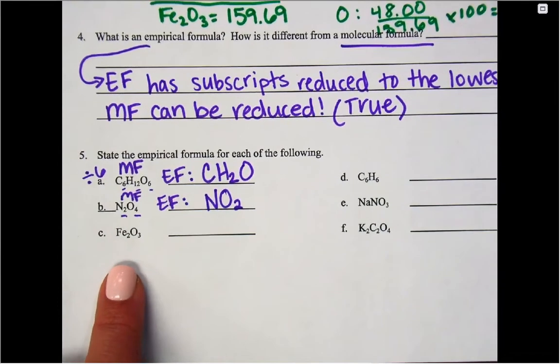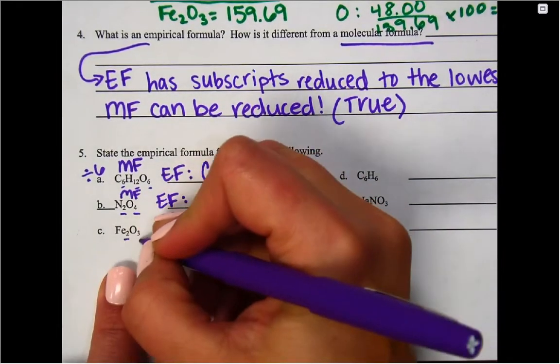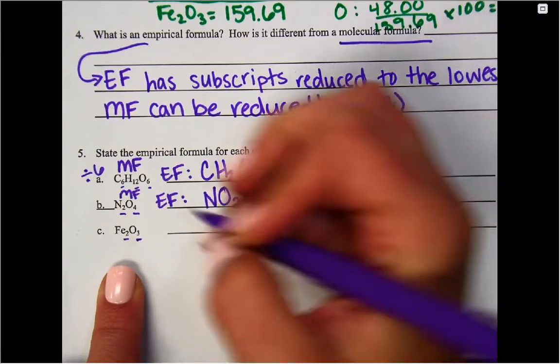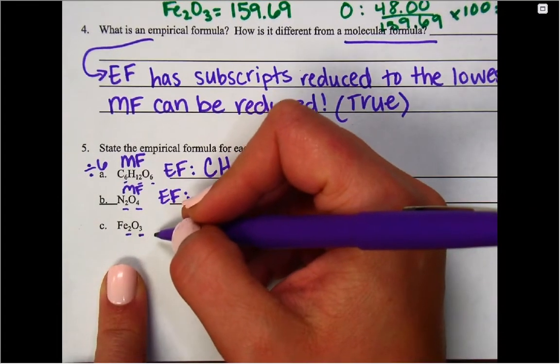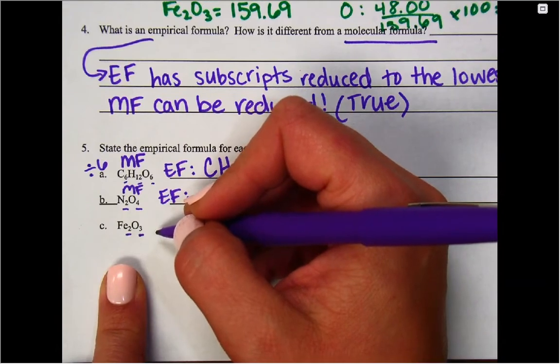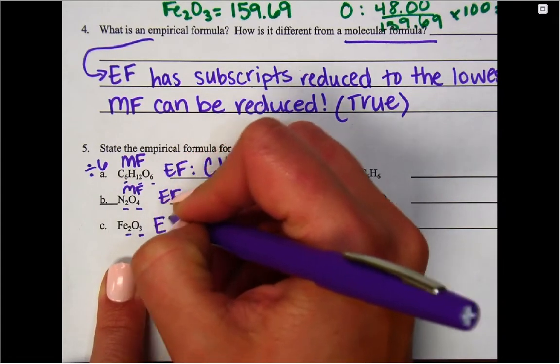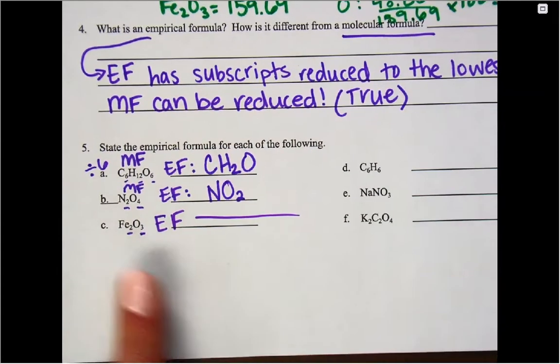All right. Letter C. We have Fe2O3. So now we have a 2 to 3 ratio. Is that one reduced as far as it can go? Yes. This is an empirical formula, so we can't reduce it any further. Okay.